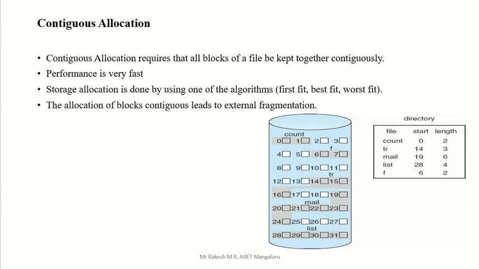Now, what do you mean by contiguous? We have to store the count file, one here, one here, immediately next. But maybe the file size is less, and the block size is fixed already.